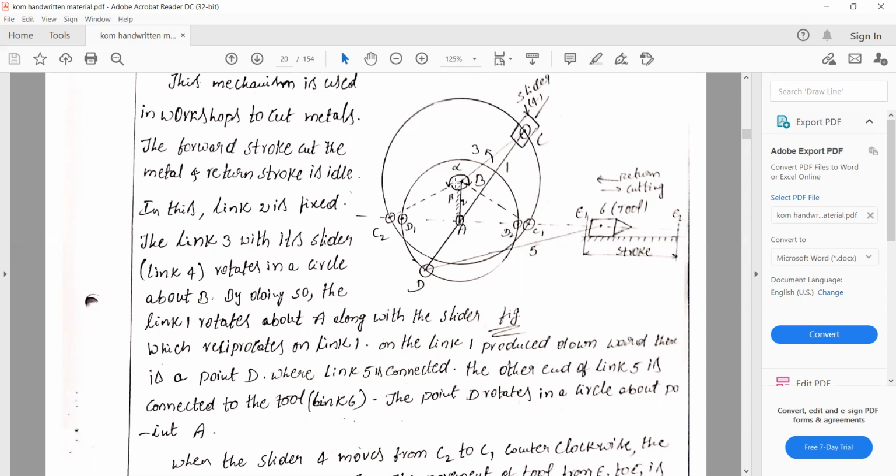Now we see there are two triangles: ABC1 is one triangle and ABC2 is another. In both triangles we should know the angle at B, which is beta by 2.